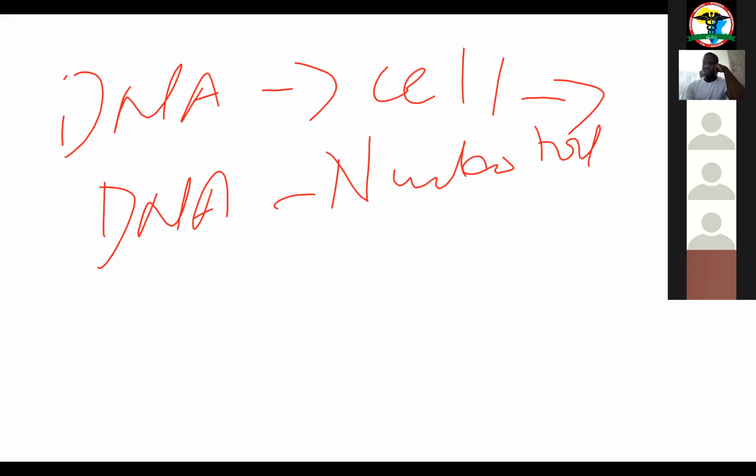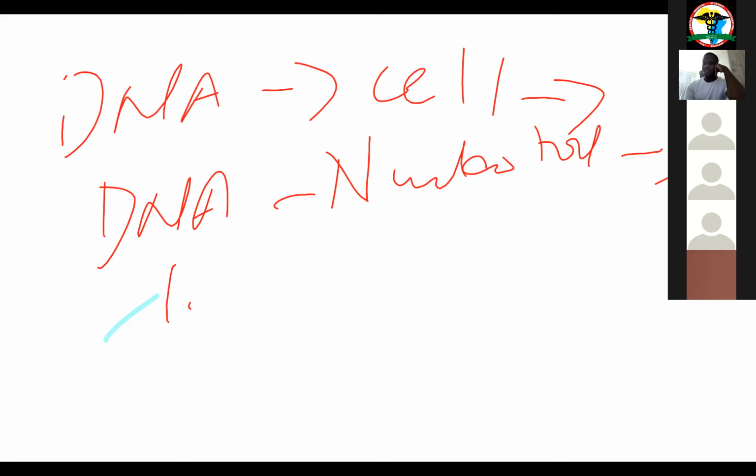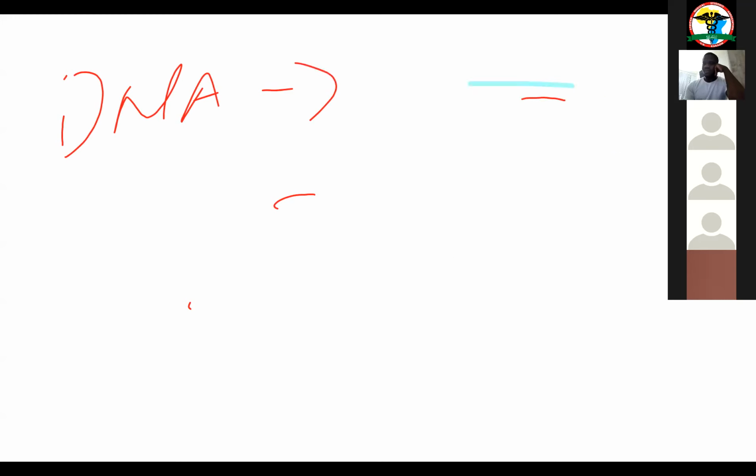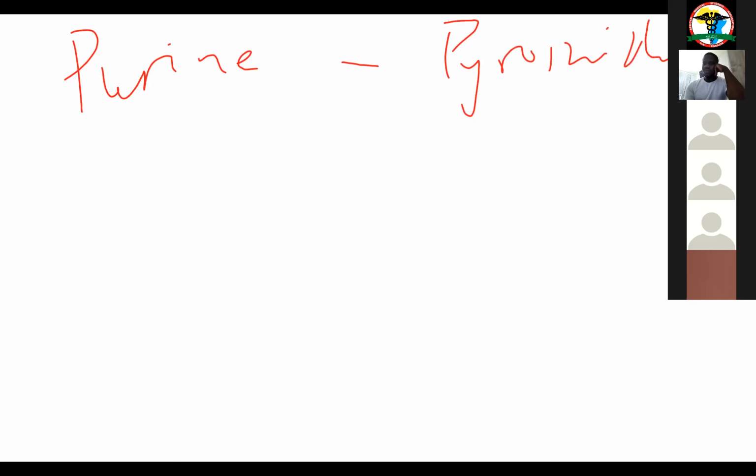The component nucleotides then are broken down into the component nitrogenous bases. Then you have your nitrogenous bases floating around in the blood. And the nitrogenous bases are what? Your purines and your pyrimidines.